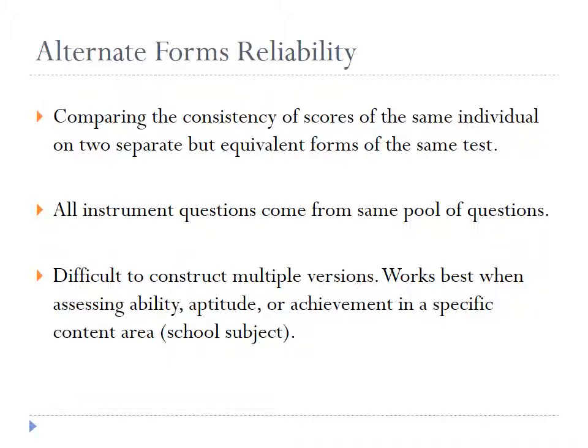A second type of reliability is alternate forms. Alternate forms reliability is when we compare scores on separate but equivalent forms of the same test. So for example, perhaps I had a large test bank of questions.